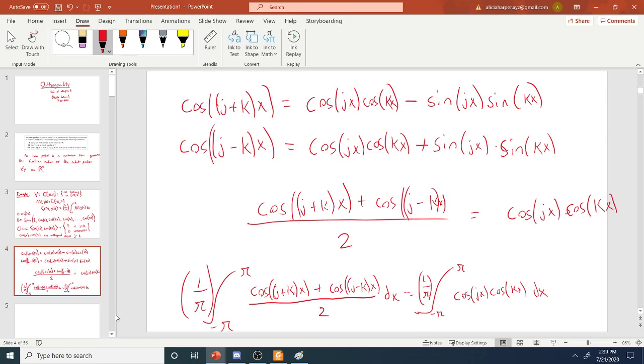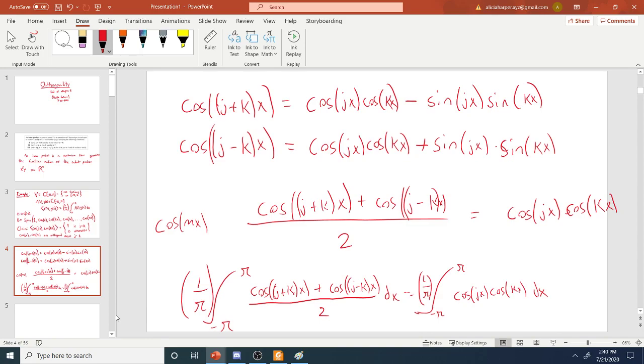But basically what happens is that whenever you integrate cosine of mx from negative pi to pi, you get 0 unless m is itself equal to 0. So the only way that can happen here, if j and k are positive, is if they're equal.